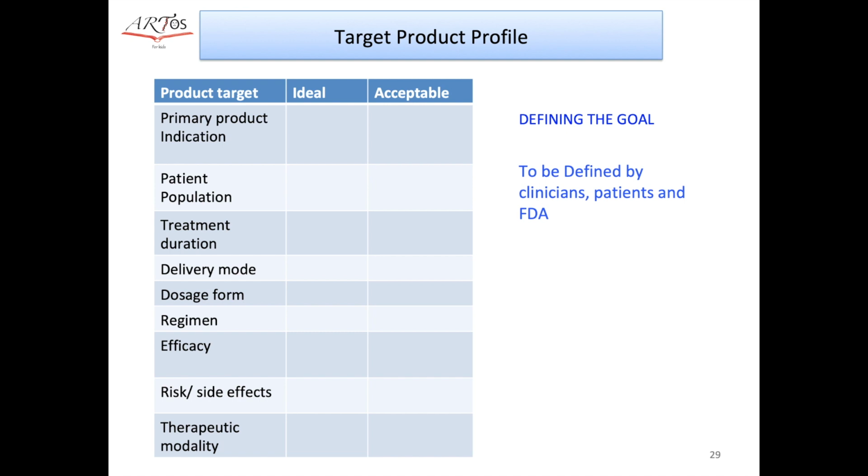You need to define the primary product indication, the patient populations, the treatment duration, delivery modes, the dosage form, the regimen, the efficacy you want, and establish the risk and the side effects that you will tolerate, and try to find the ideal therapeutic modality.